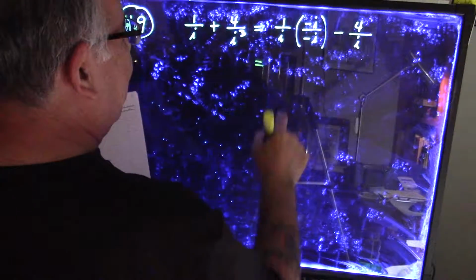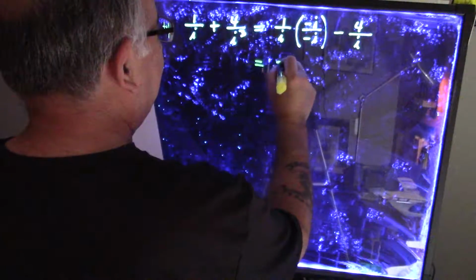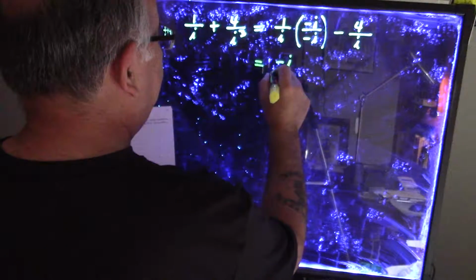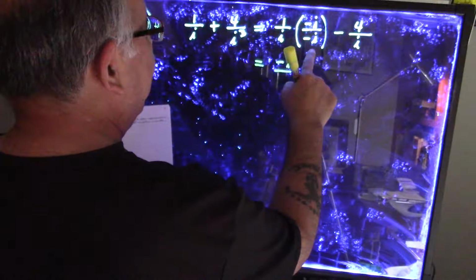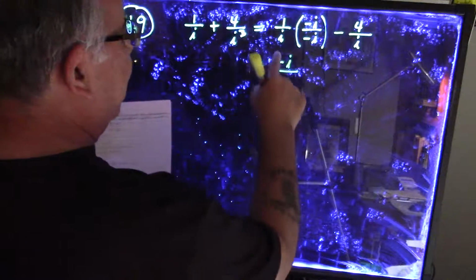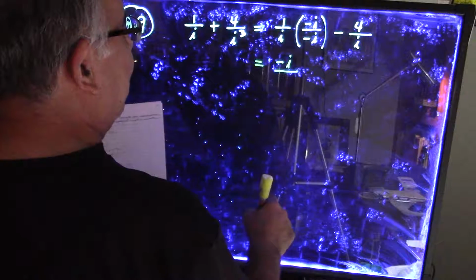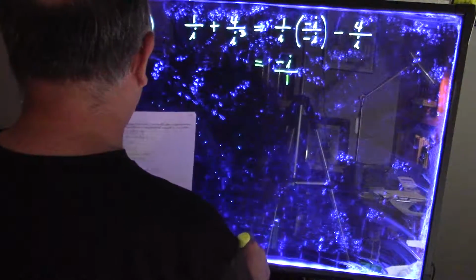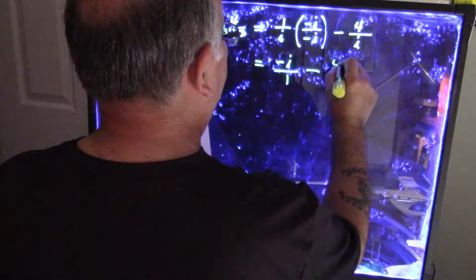Okay, so here we've got negative i over the negative of i squared, so that's i times negative i, or negative i squared, which is negative of negative 1, or plus 1. Alright, and so here you've got minus 4 over i rather.